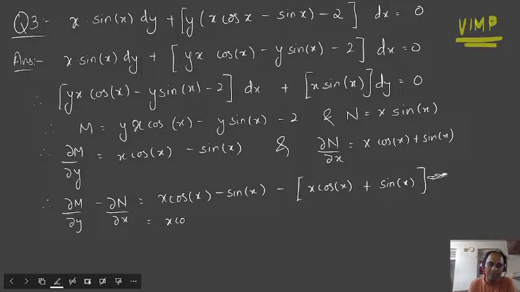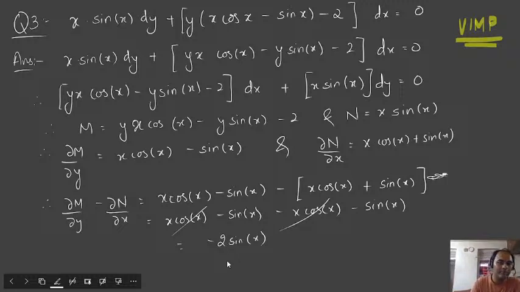So x cos x minus sin x minus x cos x minus sin x. This gets cancelled, so minus 2 sin x is the quantity that you get.